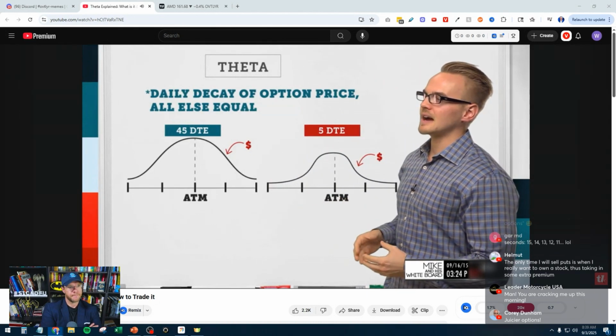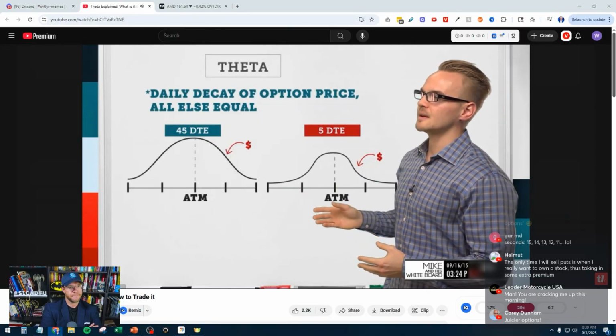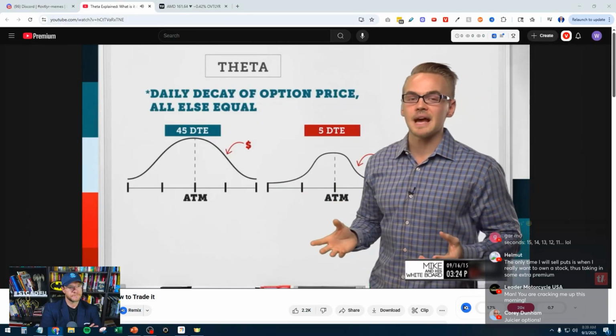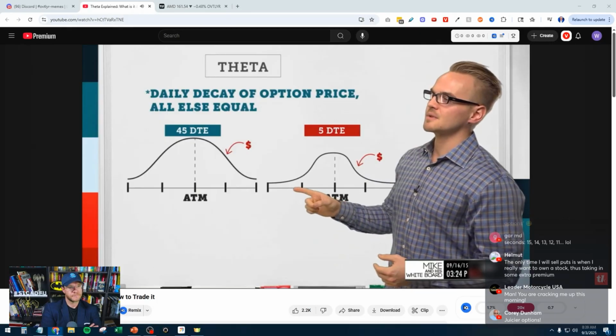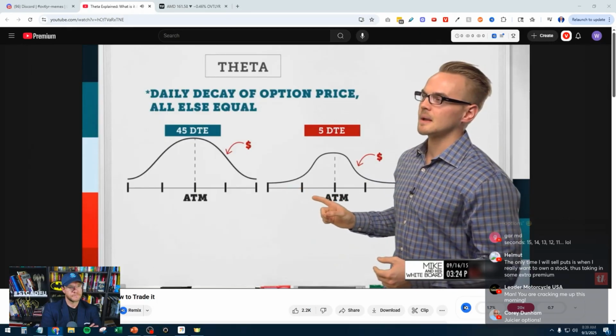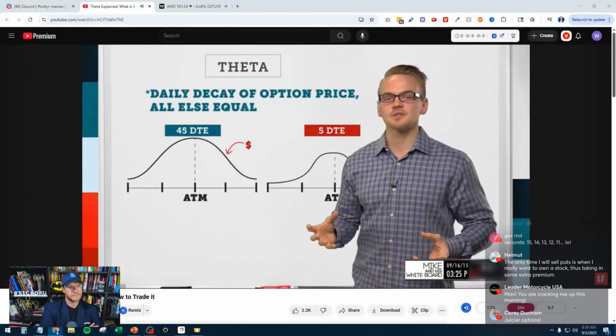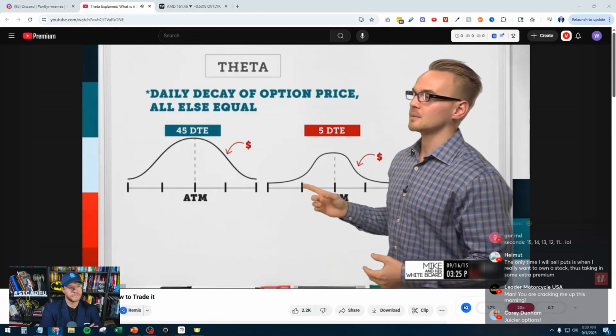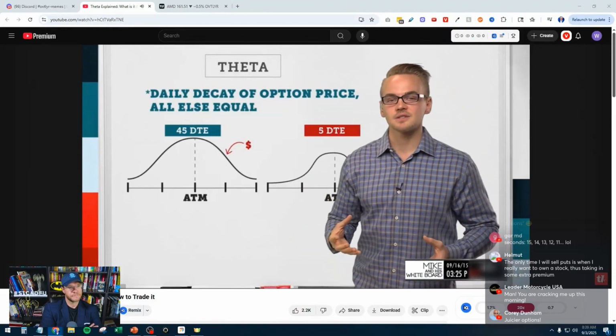So when we have 5 days till expiration, the most value is still going to be at the money, but since we've already trailed off on the outskirts, basically theta decay is going to slow there, and when we're at the money, theta decay is going to increase.